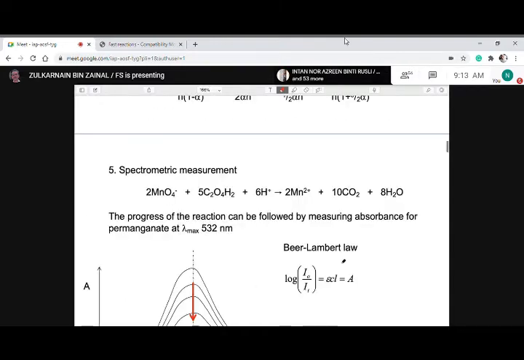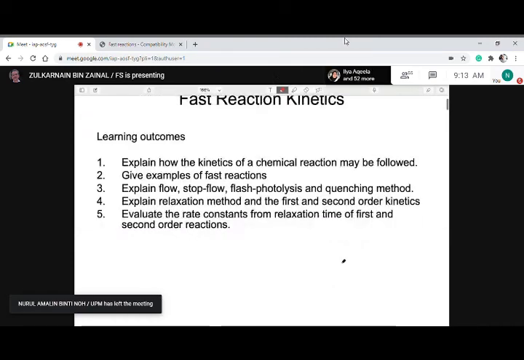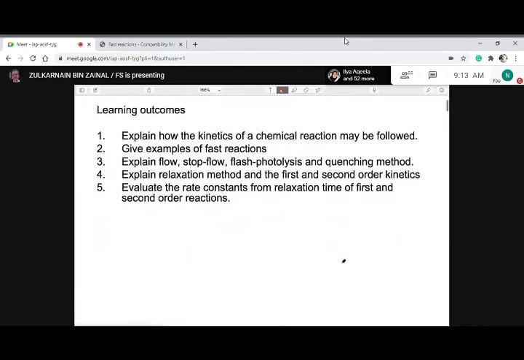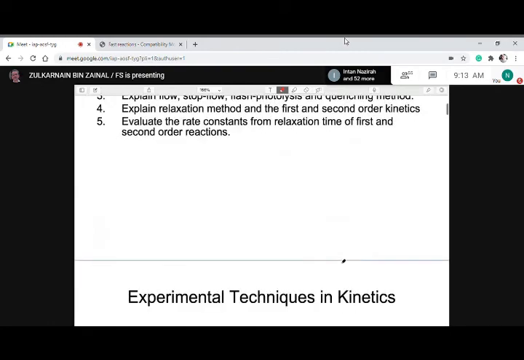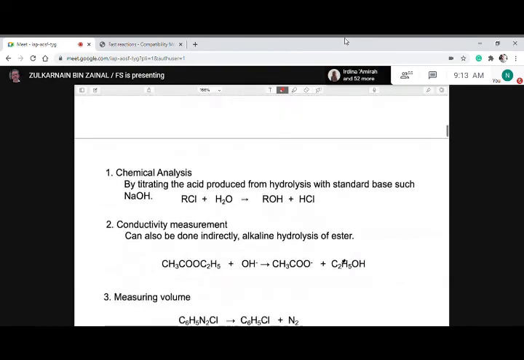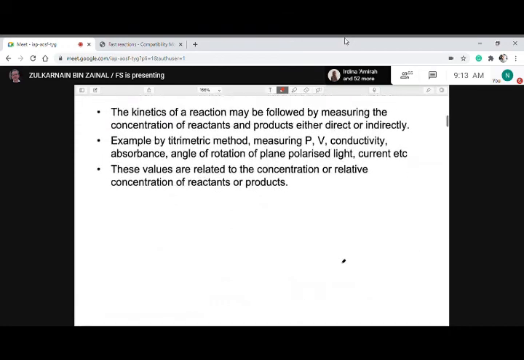Okay, so the next topic that we're going to discuss to finish up CHM 3103 is on fast reaction. It's a very simple topic. I think part of this topic has already been discussed by Dr. Hanif, right? So the first part is quite simple.